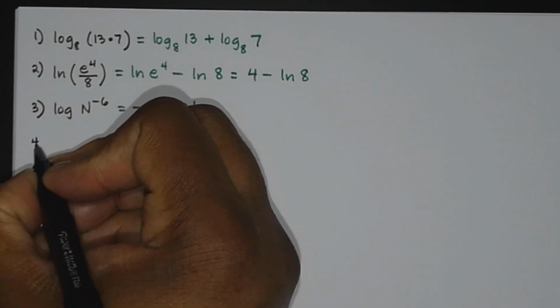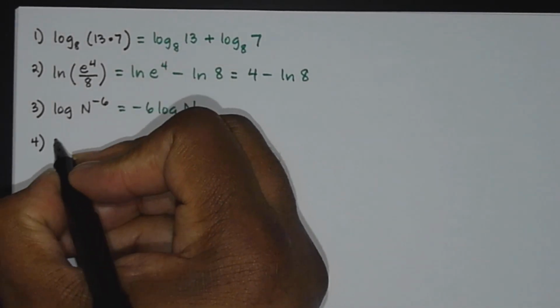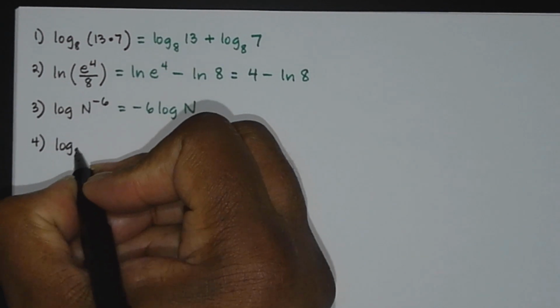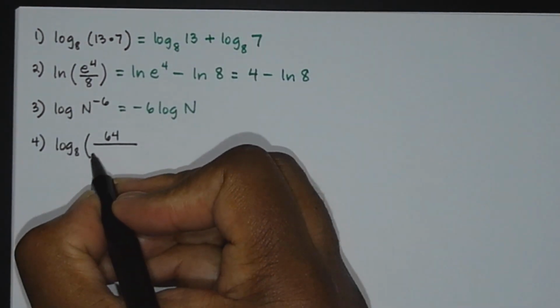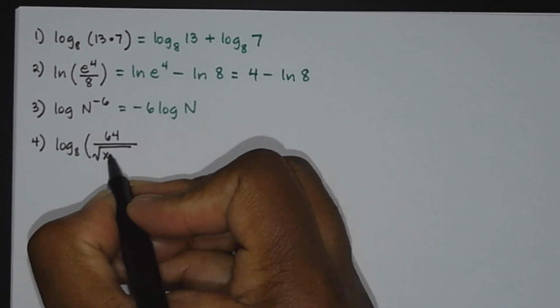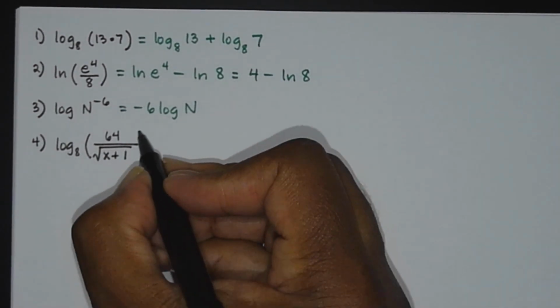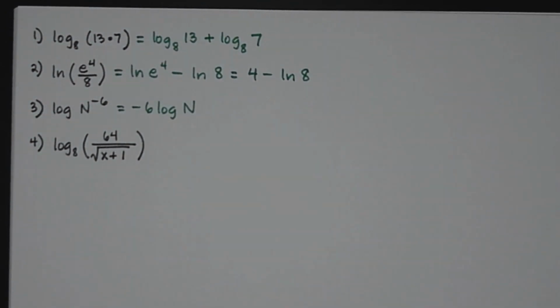All right, number four. Let's say we had something like this, log to the base 8 of 64 divided by the square root of x plus 1. Say I want to expand this expression as far as possible. All right, so to begin with, what rule can I use here?